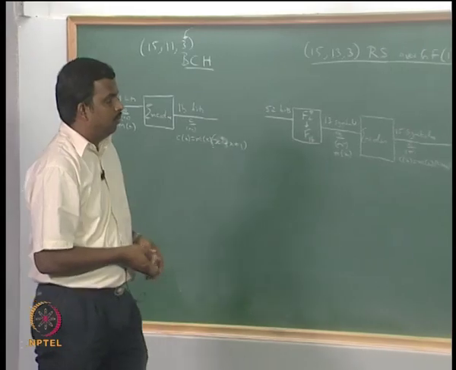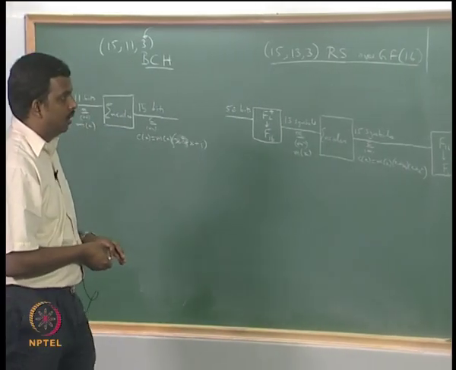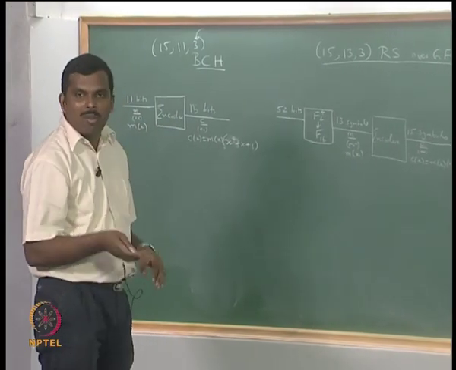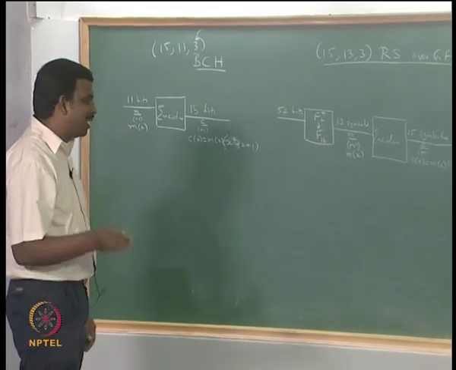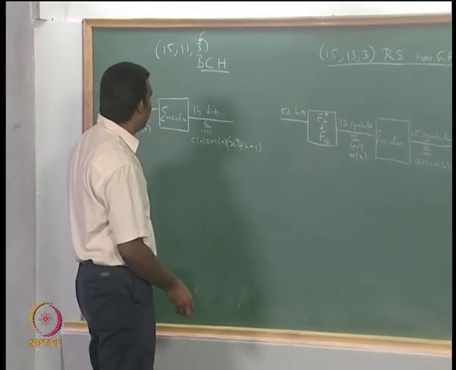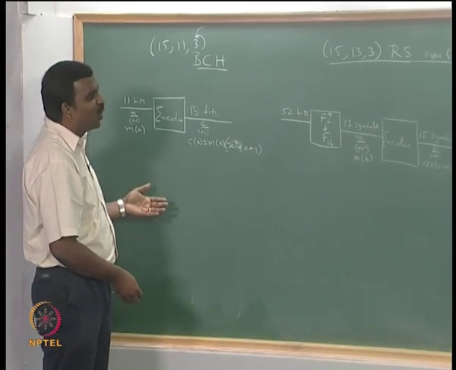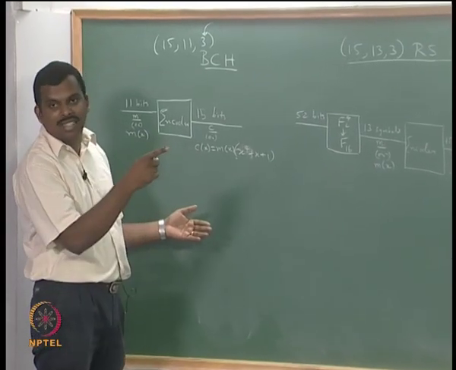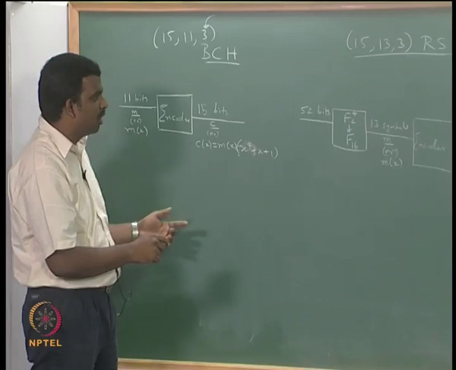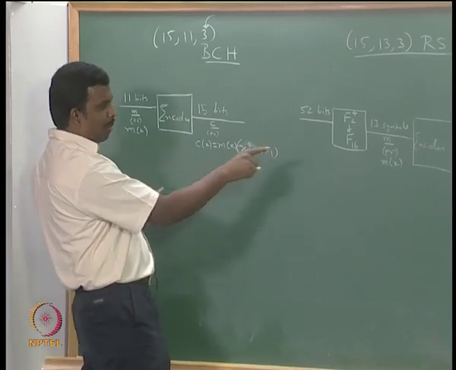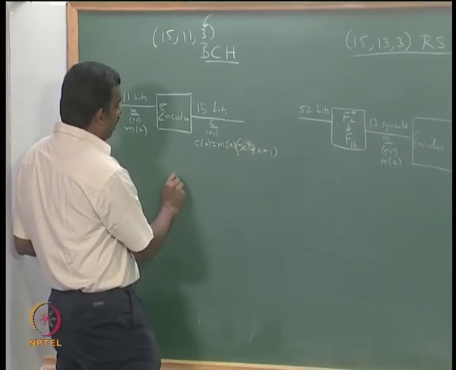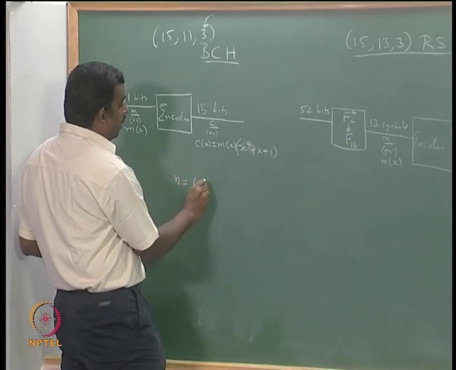So let's do a slightly more complicated example. Suppose I want a BCH code, just to do a comparison here, with say n equals 60 and d equals 3.